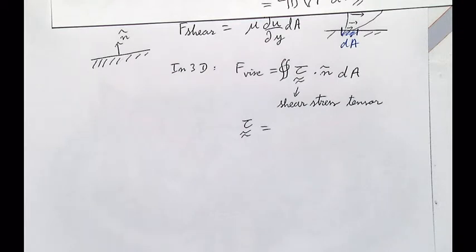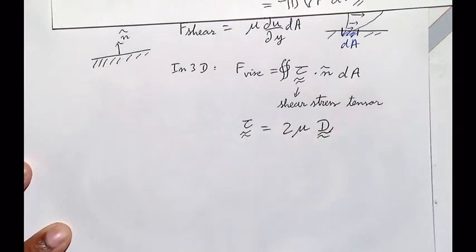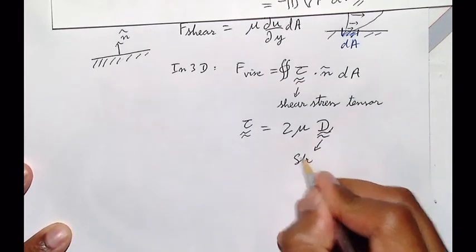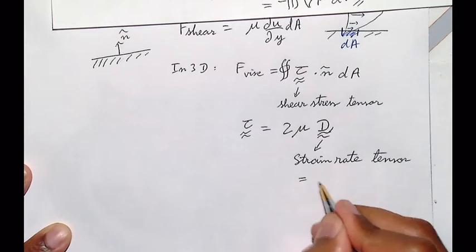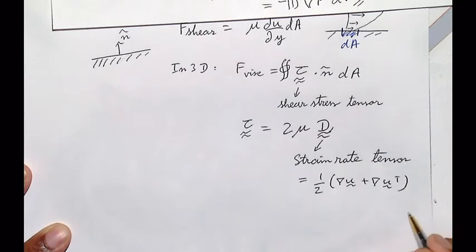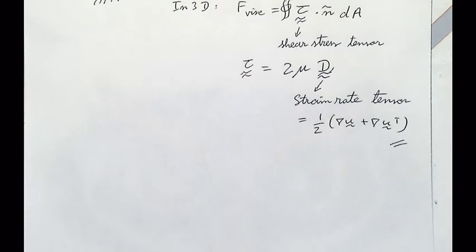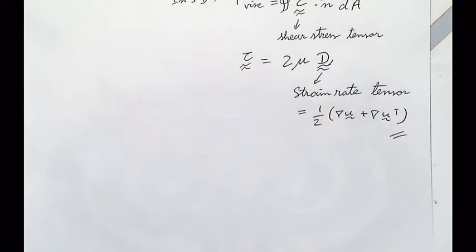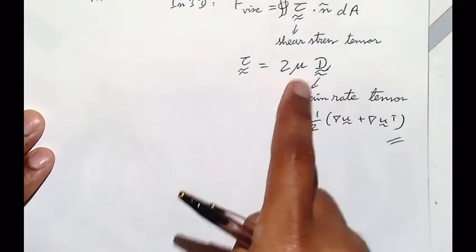There would be so many terms, Kronecker delta, but the simplest expression is 2 mu D, where D is the strain rate tensor, equal to half of nabla u plus nabla u transpose. So all of the complex terms like du/dx, dv/dy, etc., this is it. There's nothing more: no simplifications, no assumptions. So tau is equal to mu times this whole thing.